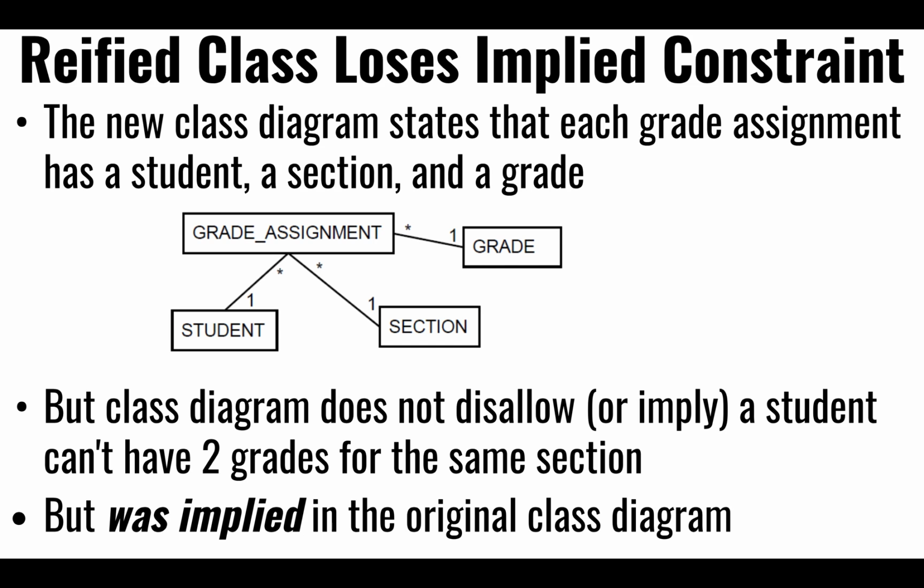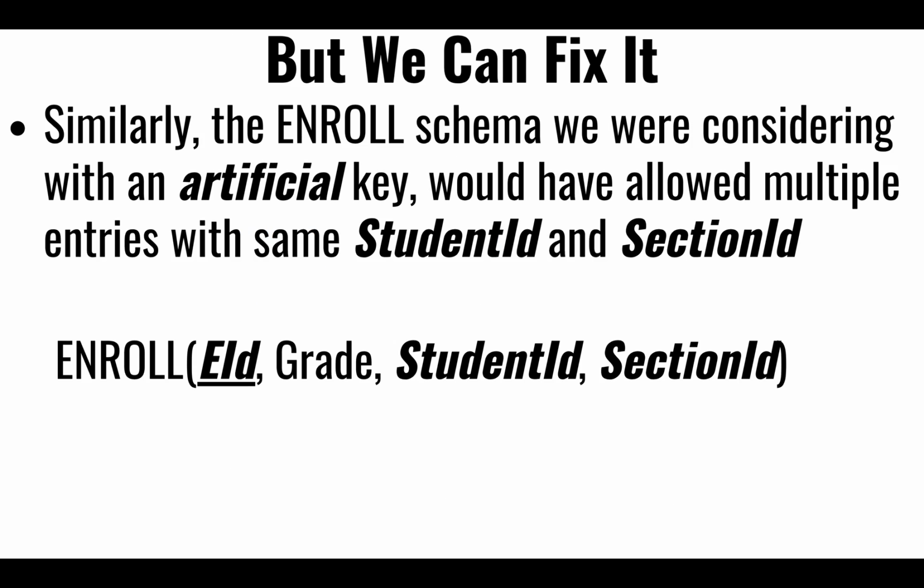And we could grab the grade and, instead of having a separate class, bring it as an attribute into the table. Now we can perhaps enforce the original constraints. So we can fix it.